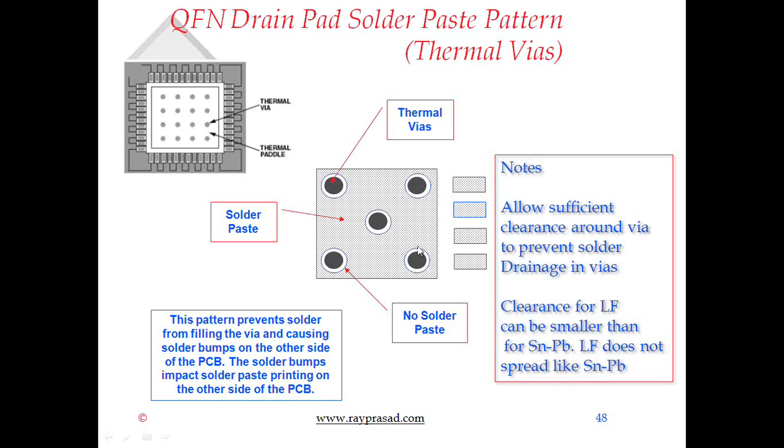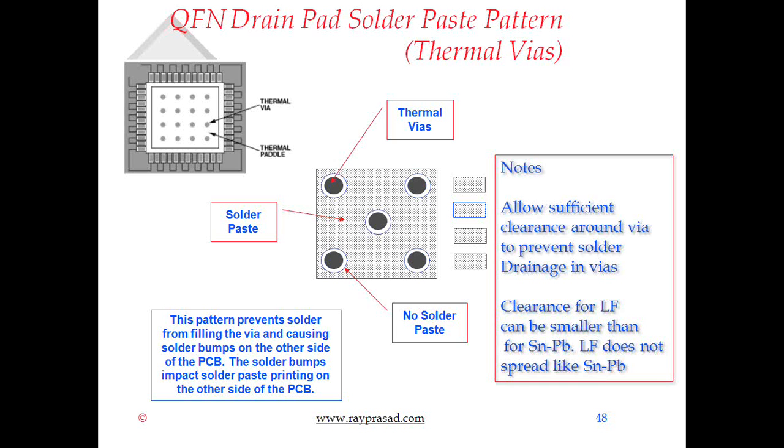So when you go to this picture at the top left, you can see this is what we're talking about. These are the vias, and that's shown in expanded way here in the middle. And we are saying that when you're printing the paste, make sure that you don't print the paste right over those vias. Otherwise, that paste will get into the hole.